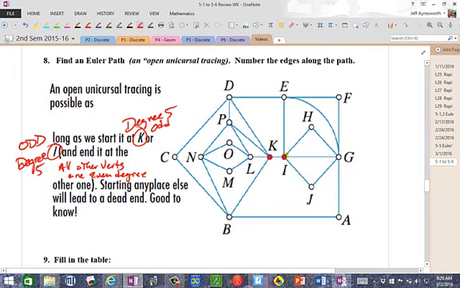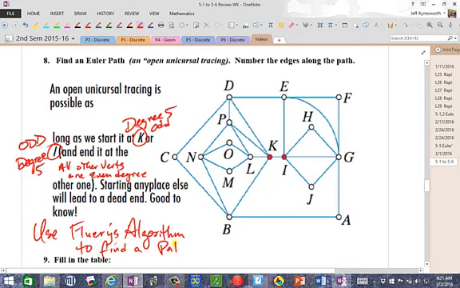And you have to walk along this and use Fleury's algorithm to find a path, not a circuit, a path.